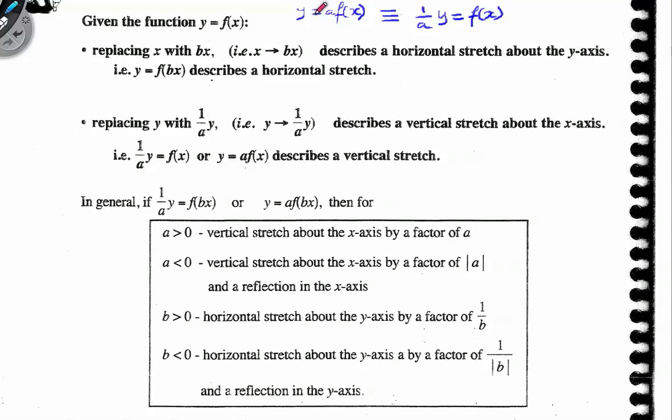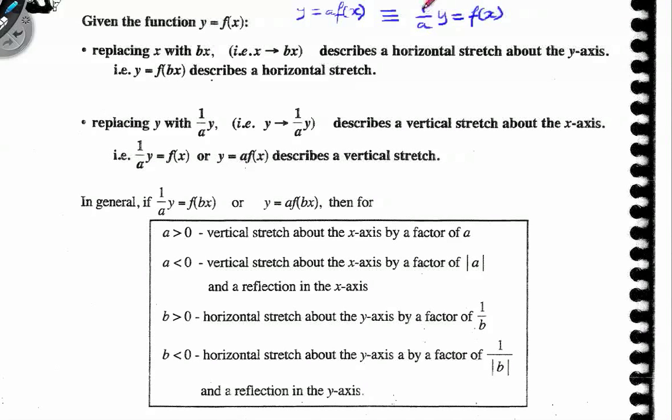Okay, so y equals a f of x is equivalent to bringing the a to the other side and having it as 1 over a times y equaling f of x. You can see again, as I talked about the x value just above, when the multiplier is beside the variable, it does opposite to what you think.